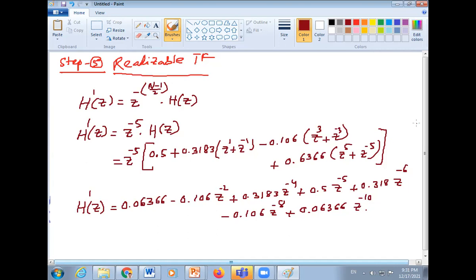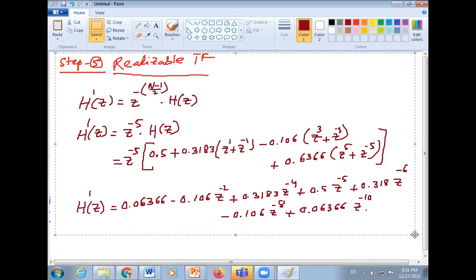So this is how we have calculated the realizable transfer function with all the powers in negative form.